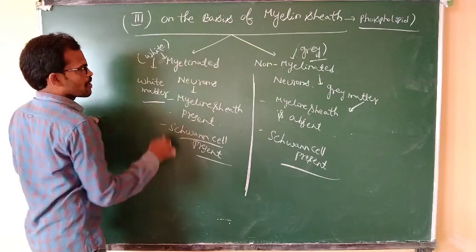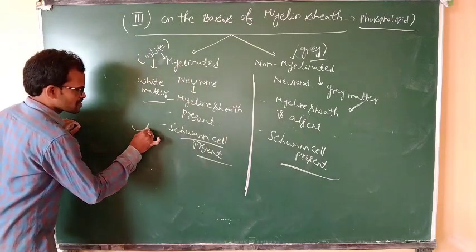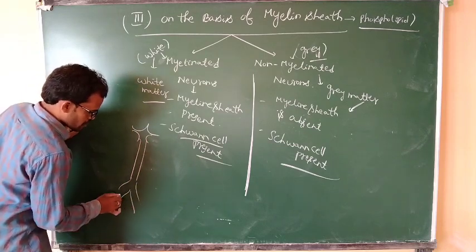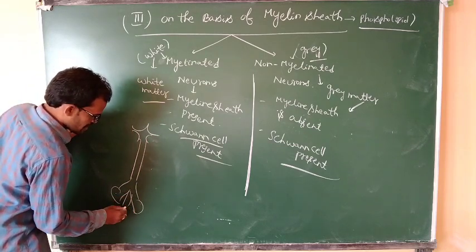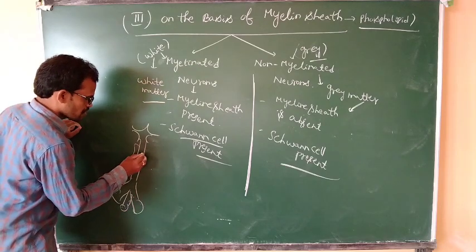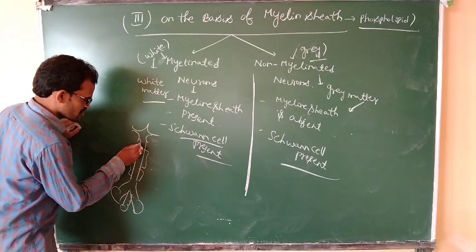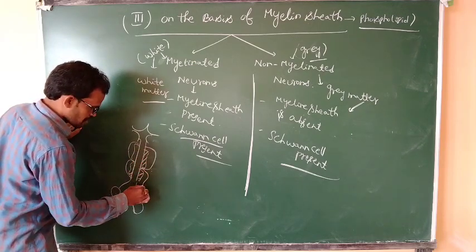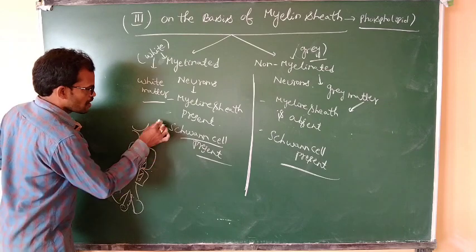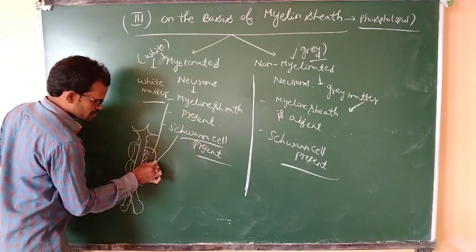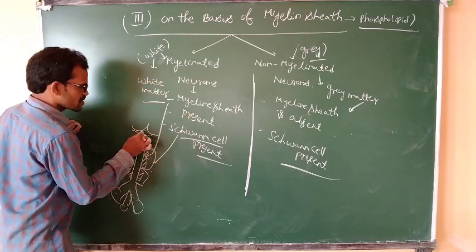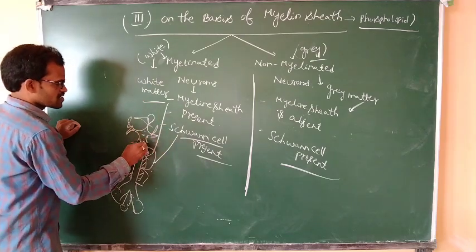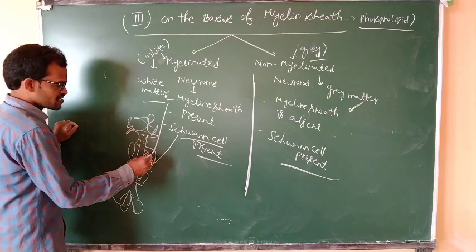Myelinated neurons means the myelin sheath is present, and Schwann cells are also present.